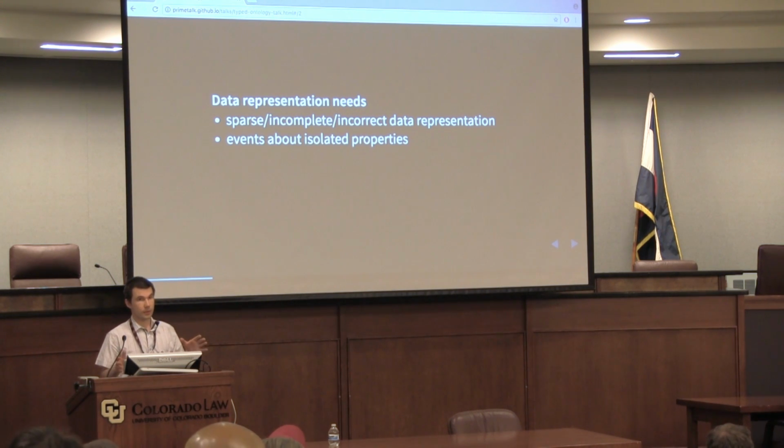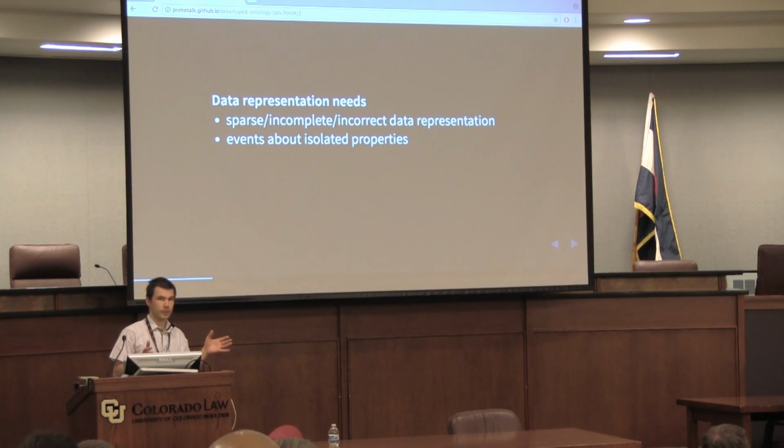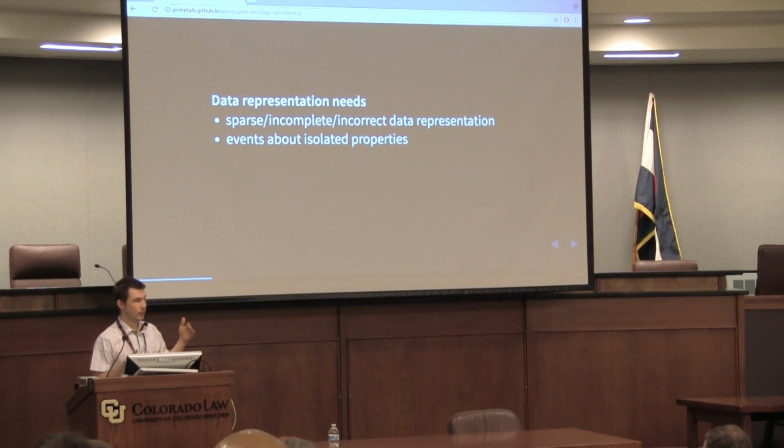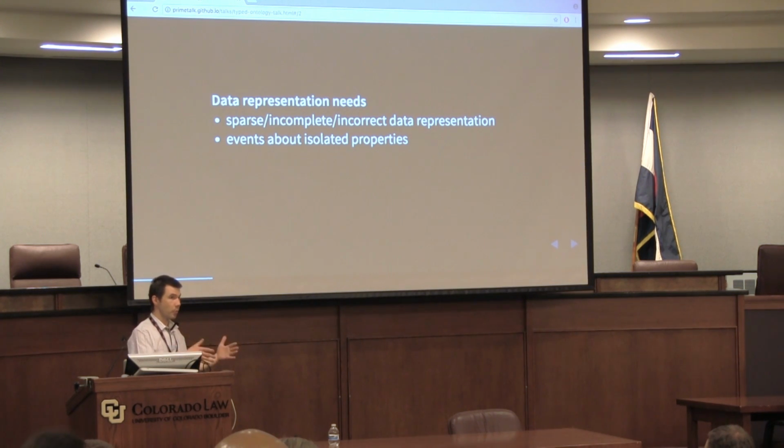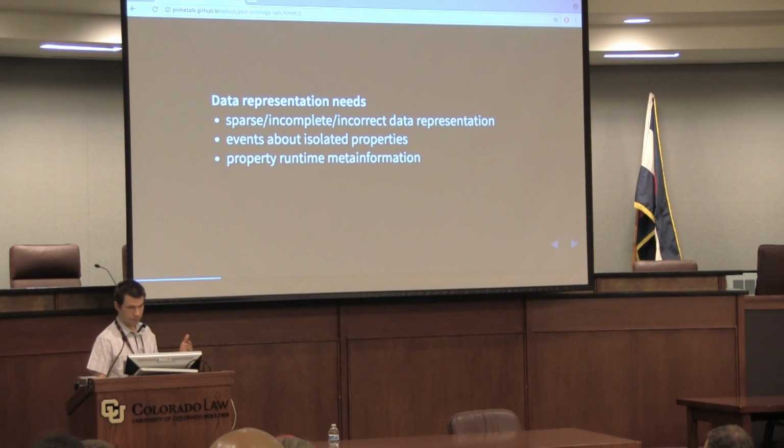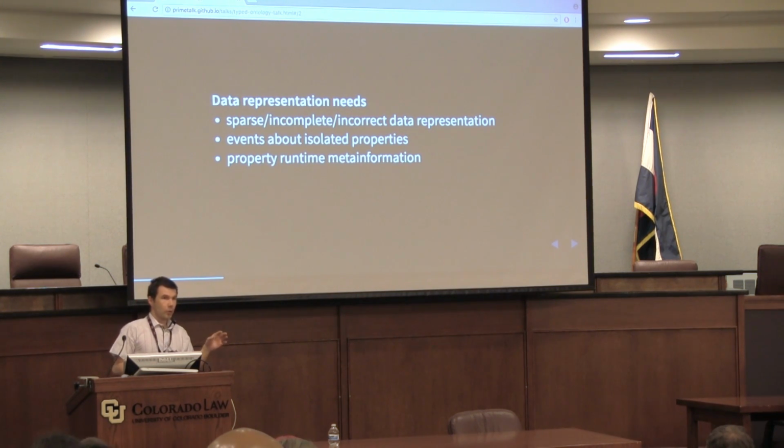Another good example is event sourcing, or CQRS. You have some versatile model, but the events touch only parts of it. So you may want to listen to only changes of some property or some collection, addition or removal or something like that. Also, we may want to attach some meta information to our properties.